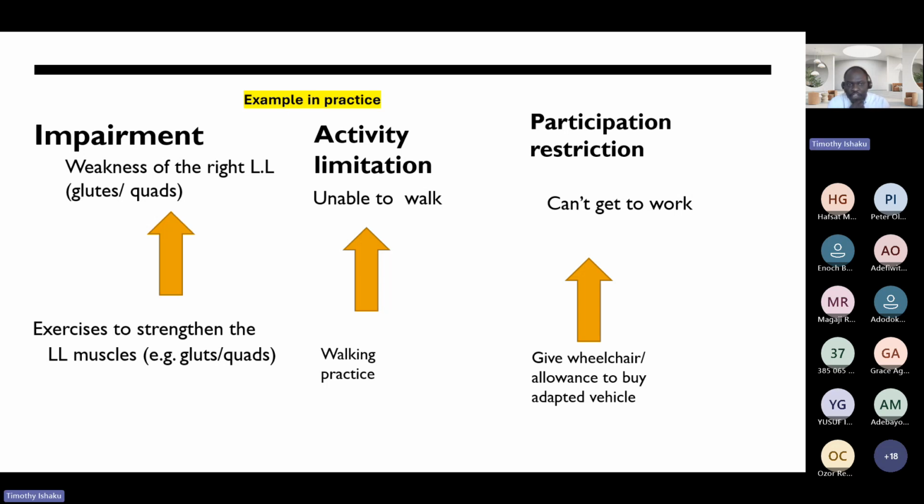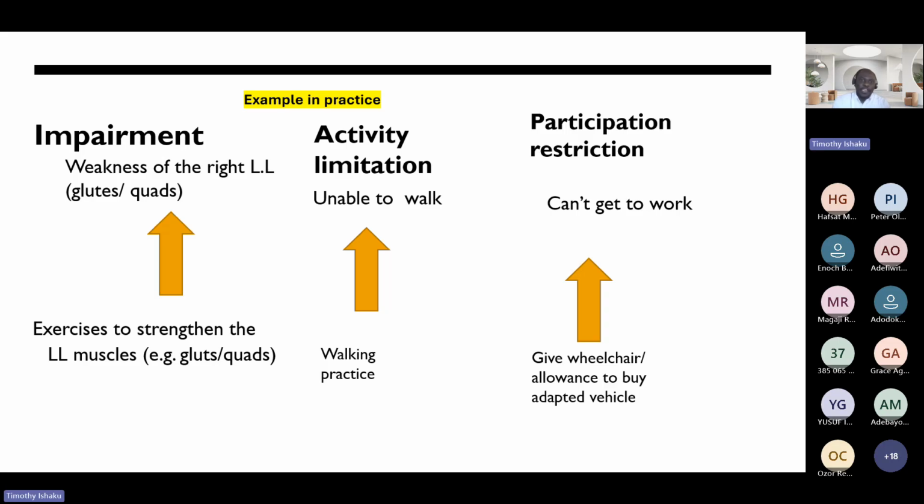But we need to think of translating or linking that to function. And the function is the functional limitation or activity limitation that affects the patient. So while we do some strength training like quadriceps bench for the patient to increase their quadriceps, we need to also facilitate walking practice, be it in parallel bars, in our clinic, or outdoor walking, just make it functional.